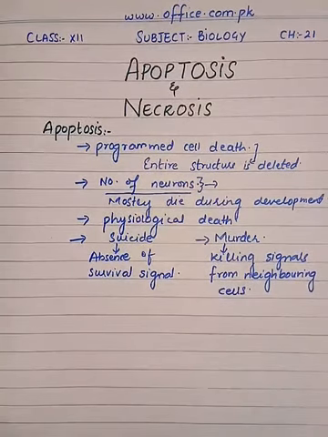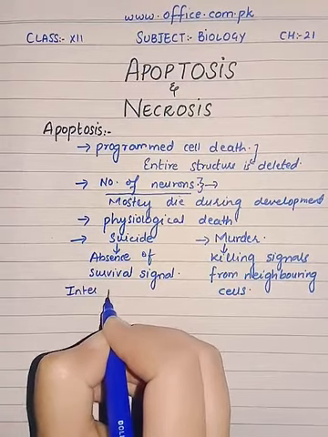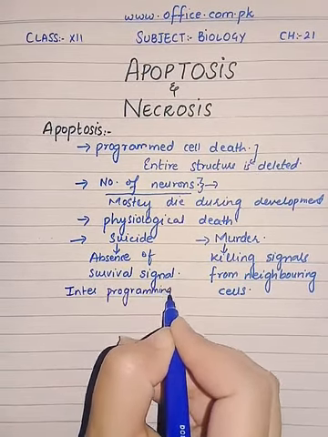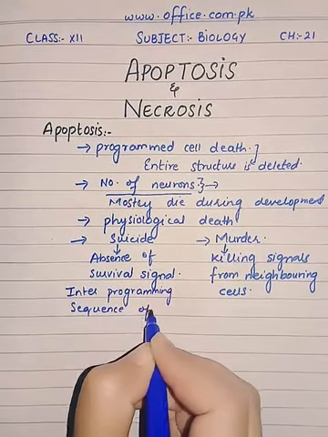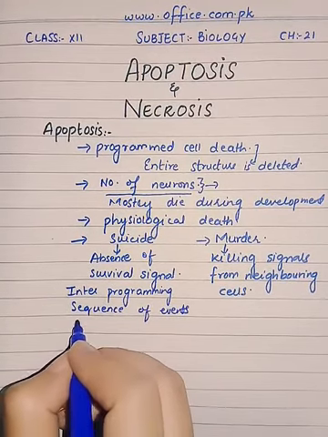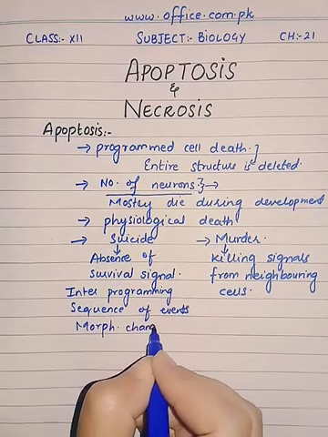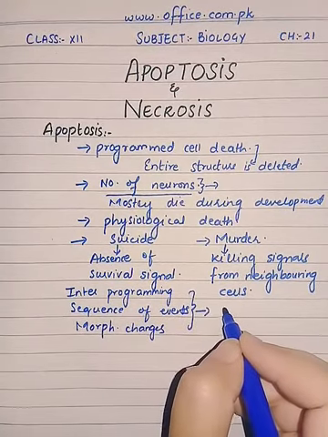So this internal program of events and sequence of certain events, which lead to morphological changes by which a cell will commit suicide, is known as apoptosis.